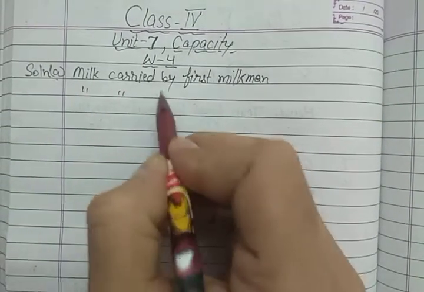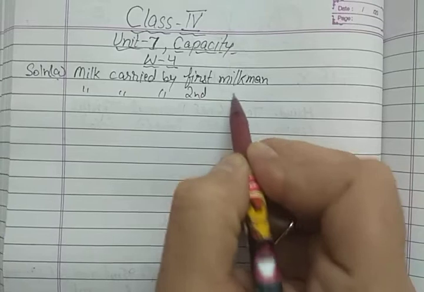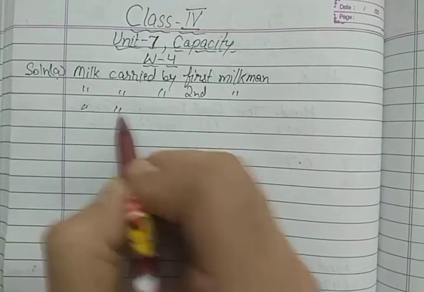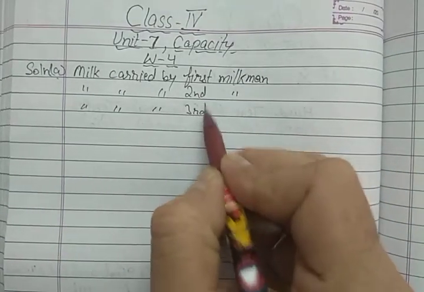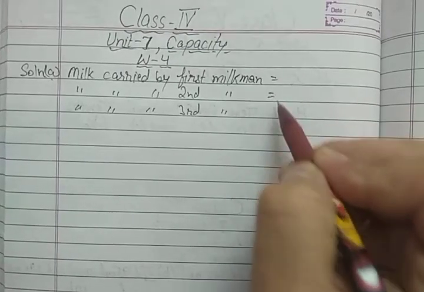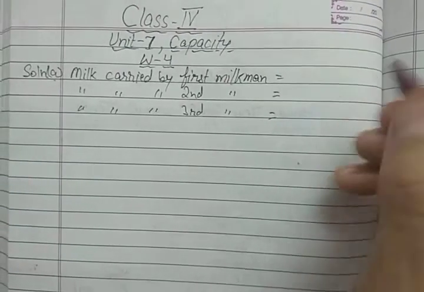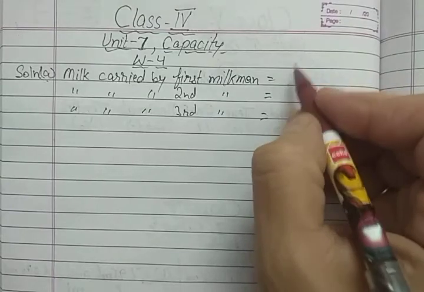Then milk carried by second. Then carried by third milkman. So what we have to do? We have to add all the 3 things.